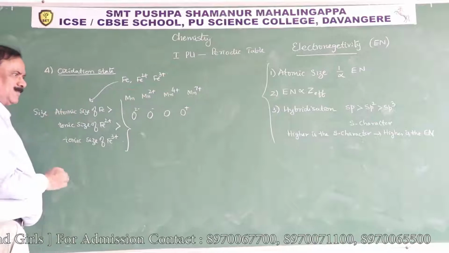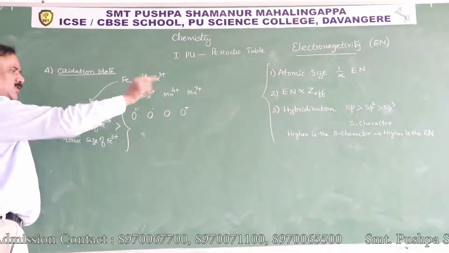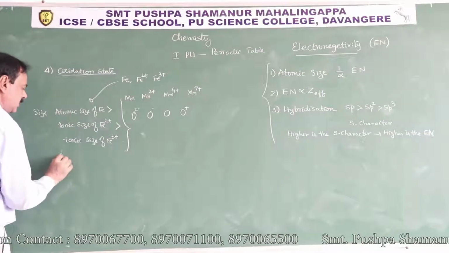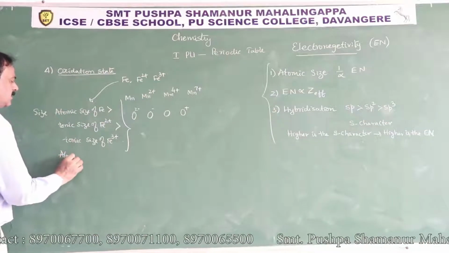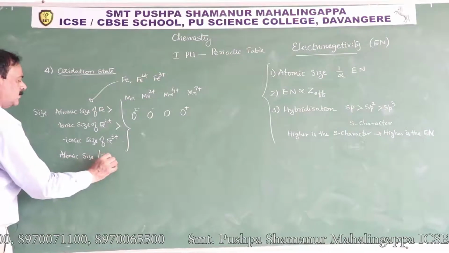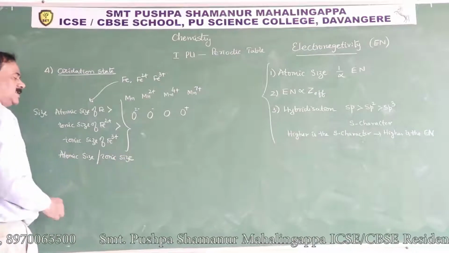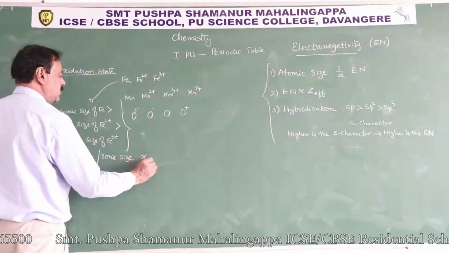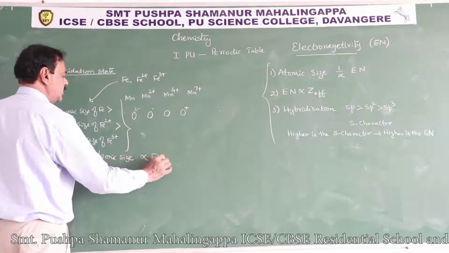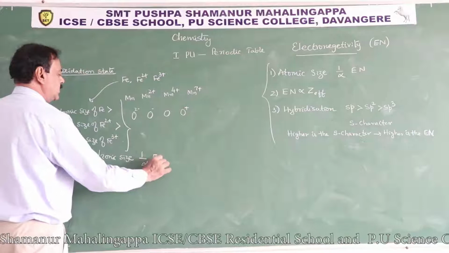According to our concept, whenever the size is very small, that is more electronegative. You know that atomic size or ionic size is inversely proportional to the electronegativity.